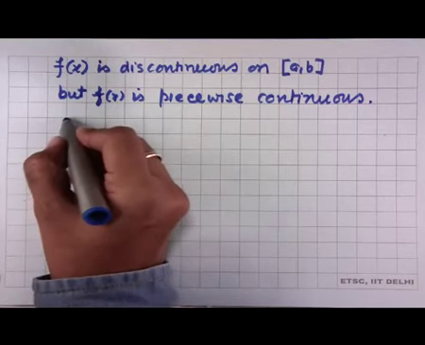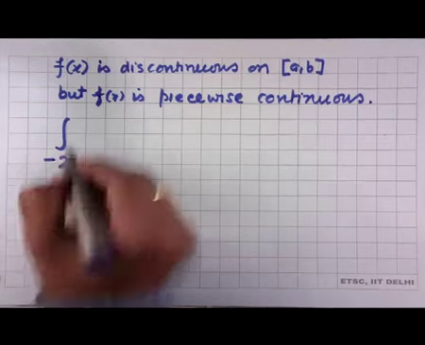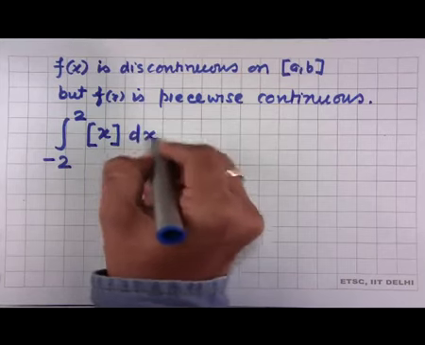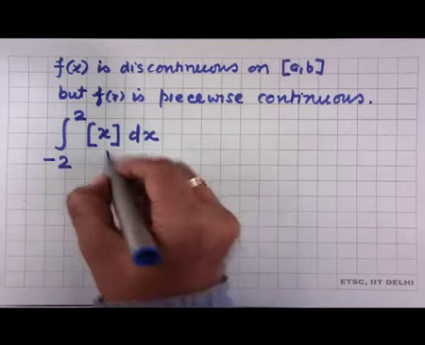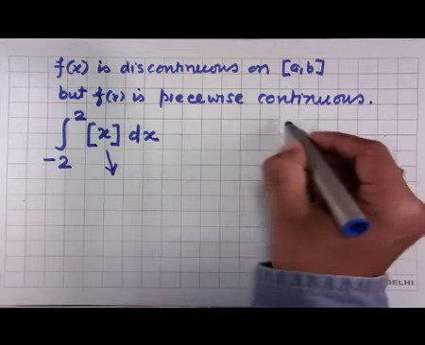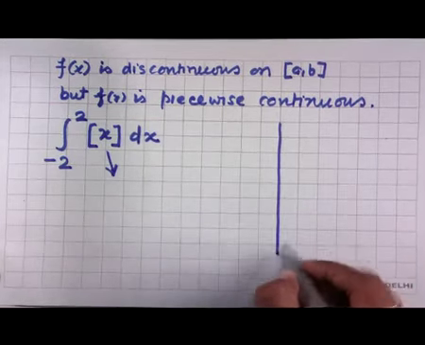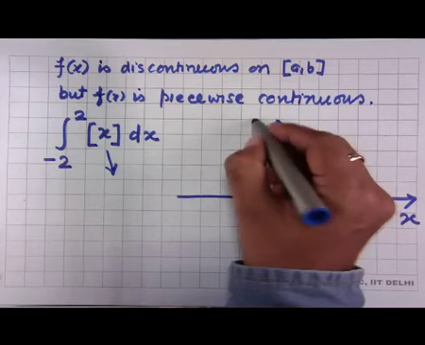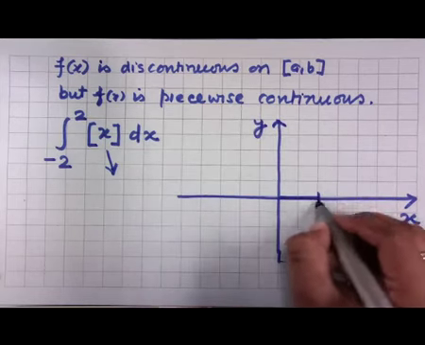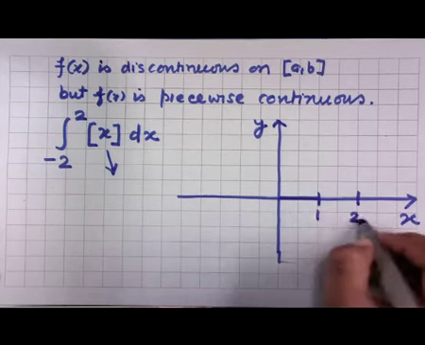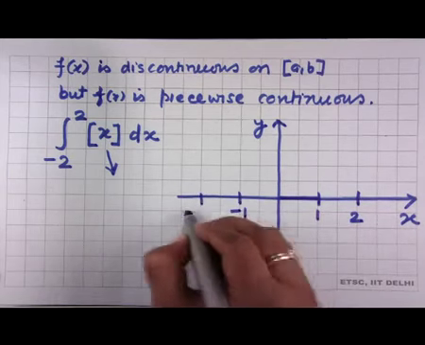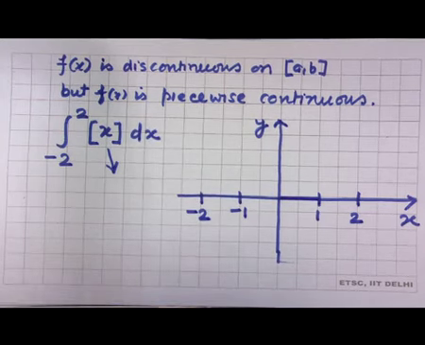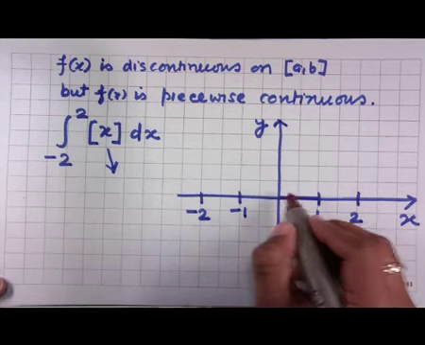So to understand this, let us take the integral from minus 2 to 2 of the greatest integer function, and the plot of this can be done as follows. The greatest integer function is defined like that.